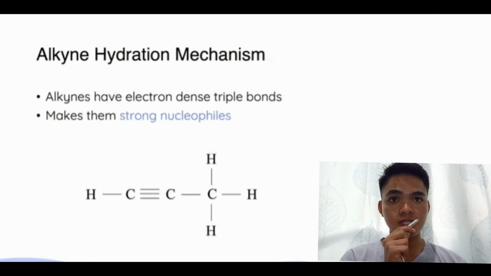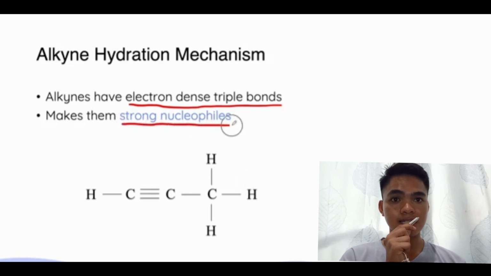So, as we previously mentioned, alkynes are a form of unsaturated hydrocarbon and they are engaged in addition reactions because of the presence of an electron-dense triple bond. Because of this characteristic, the triple bond present in alkynes acts as a strong nucleophile.